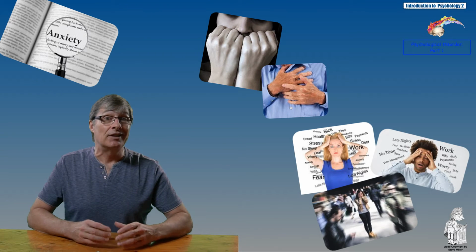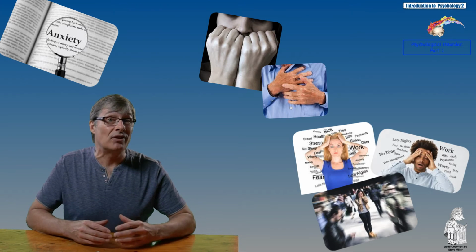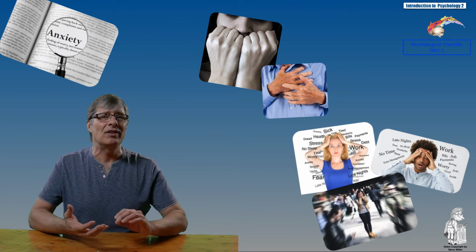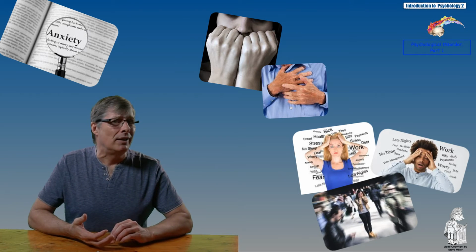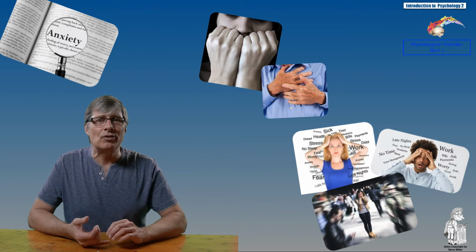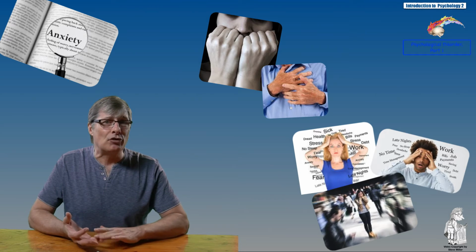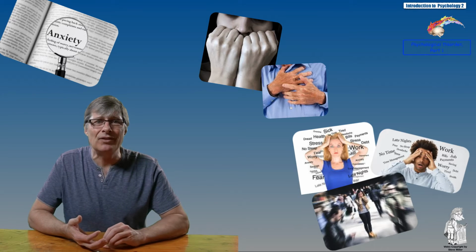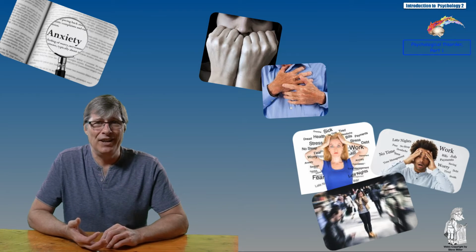It's not. It's got to last at least 6 months or more. This excessive anxiety may cause people to feel tense, on edge, tired, irritable, with difficulty concentrating and sleeping. They may tremble, have palpitations, sweat, experience dizziness, diarrhea, and infrequent urination.